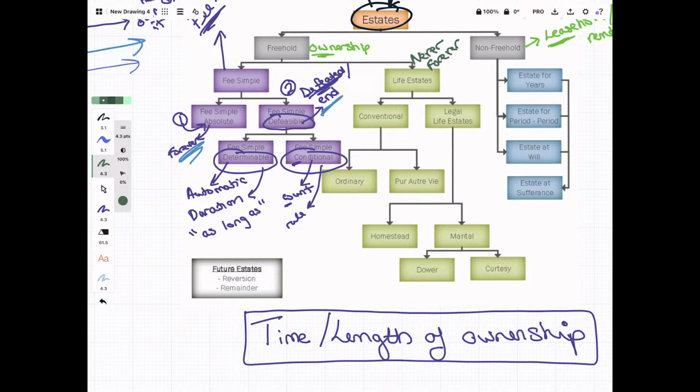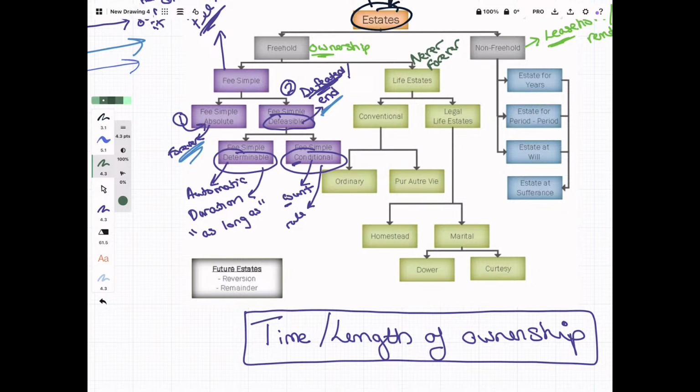All right. So, life estates. You never were going to own it forever. So let me give you an example. I have a property and I'm giving it to Diana. Diana, if I gave you a fee simple absolute, you could own it forever. Diana, if I gave you a fee simple defeasible, you could possibly own it forever.